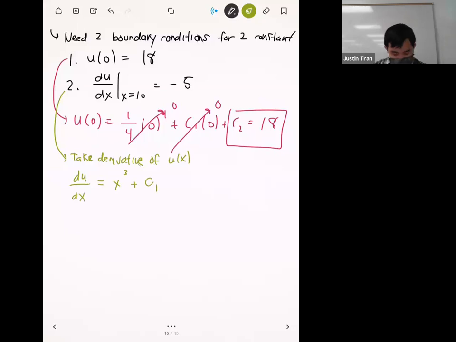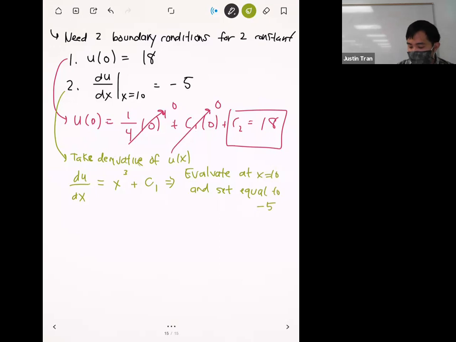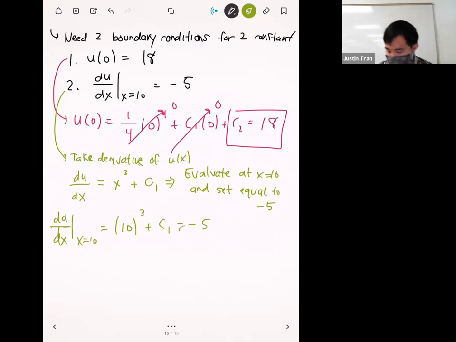Now let's evaluate this derivative at x equal to 10 and set it equal to -5. So du/dx evaluated at x equal to 10 is 10 cubed plus C1, which is going to equal -5.